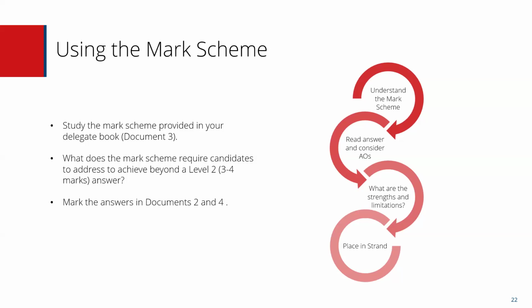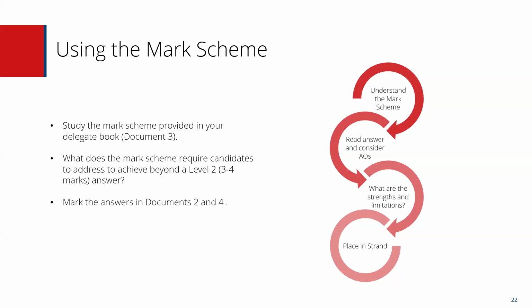Just to remind you, I did say this last time, you get the generic mark scheme, and then also you get the specific one for each question, which talks more about the type of things that the candidate would say. But you have to use the generic mark scheme when you're marking.